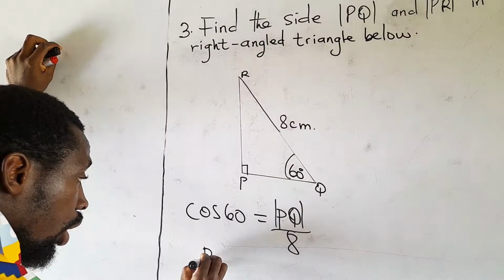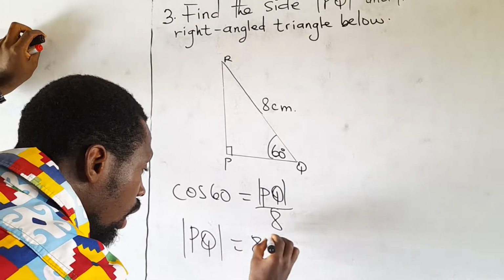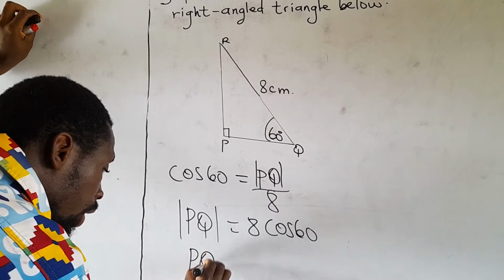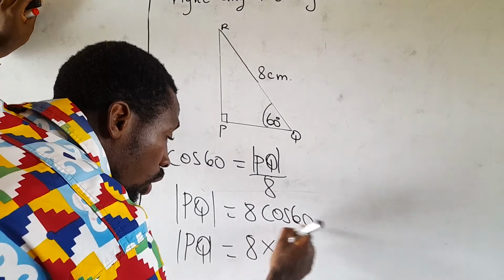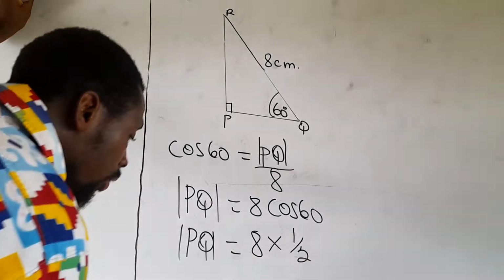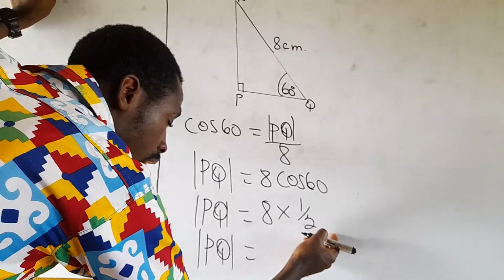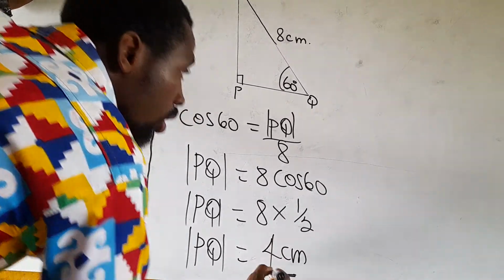So PQ, on cross multiplying, we get 8 cos 60. So PQ will be equal to 8 times cos 60, which is half. 8 times half will be 4. So that will be 4 centimeters.